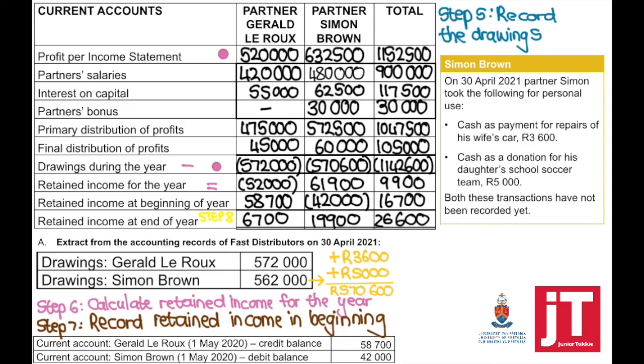And now to calculate the total, if we take 9,900 plus 16,700 and we take 6,700 plus 19,900, it should give you exactly the same amount, 26,600. This is the amount that will appear on the face of your balance sheet.